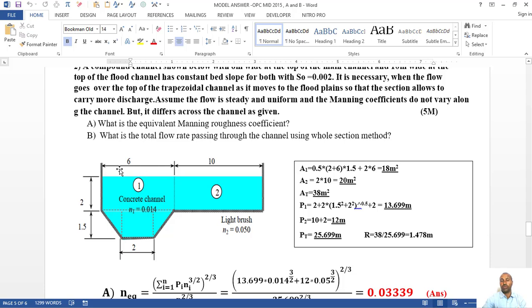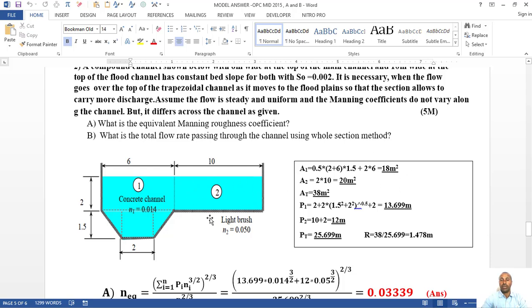It will be 4. So you have 2 square plus 1.5 square. You can add this one. Then finally, you can calculate. So this is half of base 1 plus base 2. For this trapezoidal channel, for the bottom channel, you have 1 over 2 times base 1 plus base 2 times h, plus 2 times 6. A1 means the total area of this one. So 18 meter square.